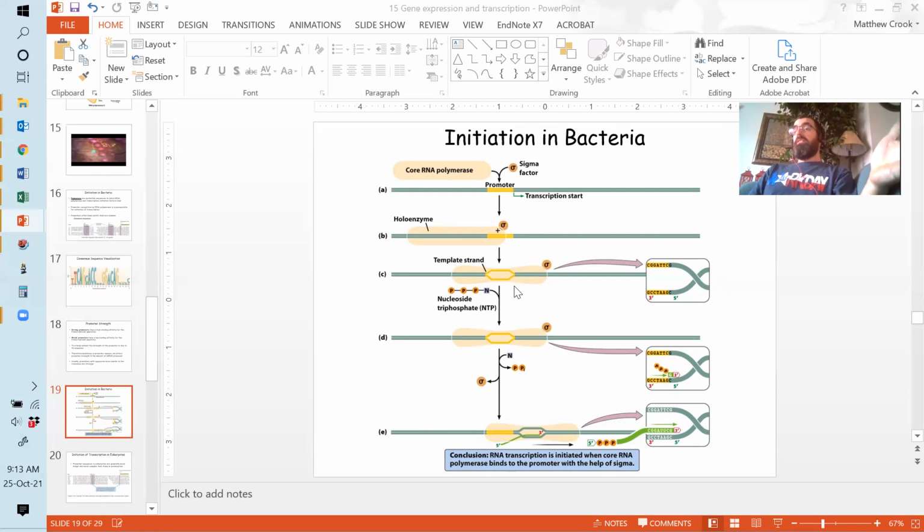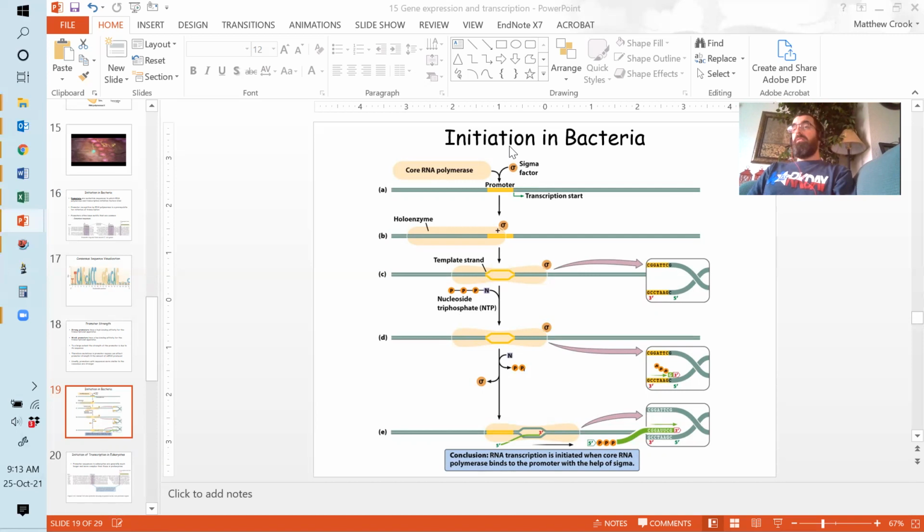And essentially the RNA polymerase pops open the DNA strand in the promoter using those weaker TA regions, and then simply synthesizes a strand of RNA. That's pretty much all there is to it in bacteria. Really quite simple, relatively speaking.